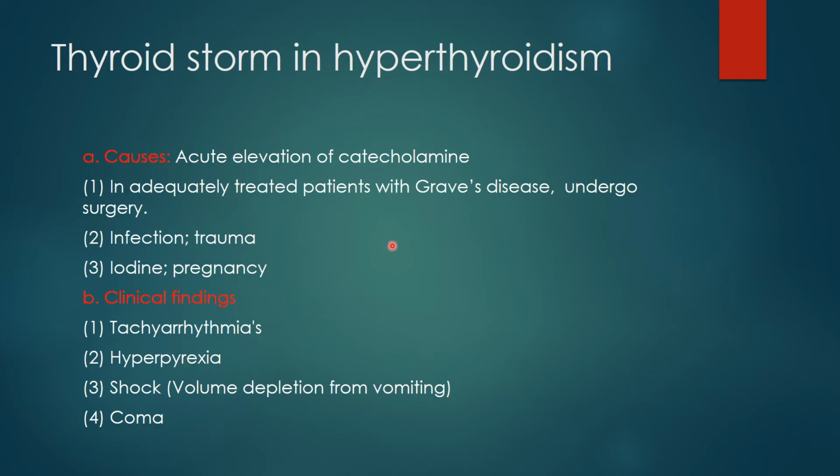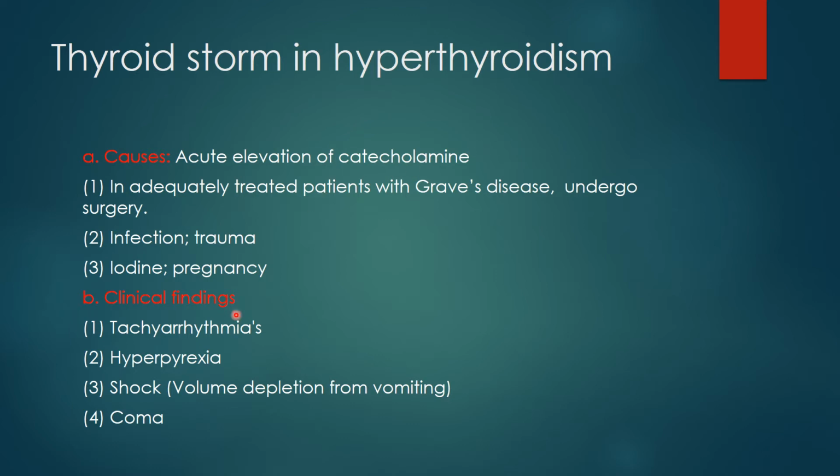So this is a very, very dangerous condition which occurs in hyperthyroid people when they undergo some sort of stressful condition, in which increased thyroid hormone production, decreased thyroglobulin binding capacity, and increased thyroid hormone sensitivity all lead to hyperactivity of the sympathetic system and ultimately an increase in catecholamines.